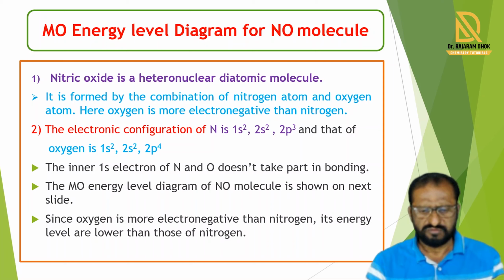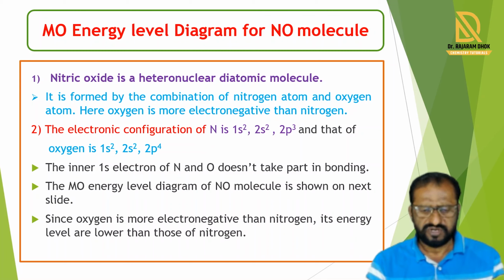NO is formed by combination of a nitrogen and an oxygen atom. Here oxygen is more electronegative than nitrogen. The electronic configuration of nitrogen is 1s2, 2s2 and 2p3, and the electronic configuration of oxygen is 1s2, 2s2 and 2p4.